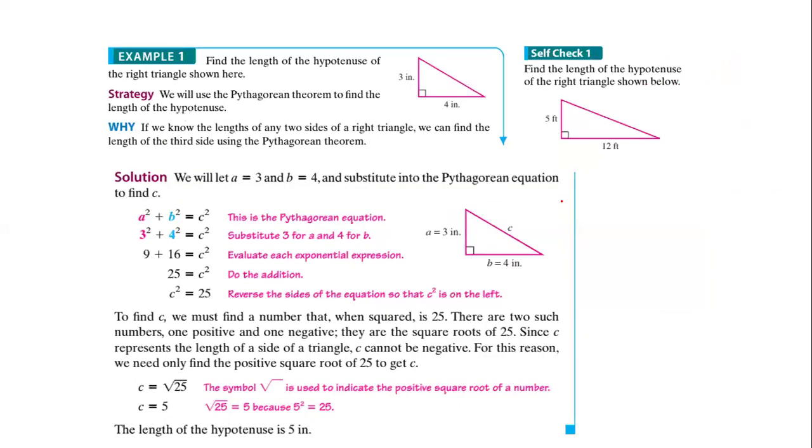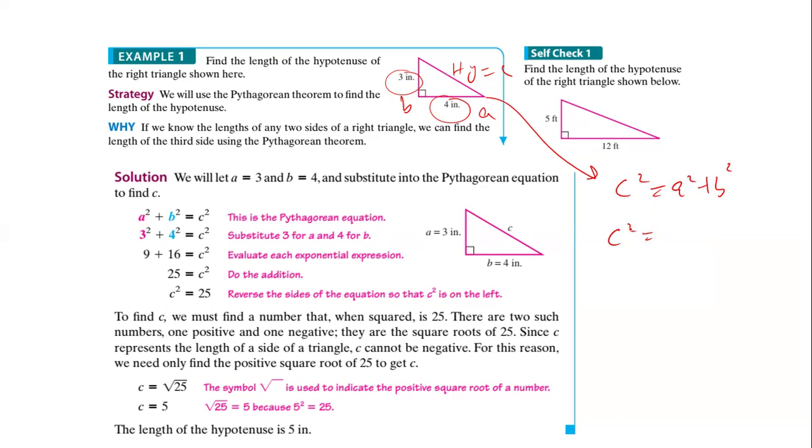So its application here. Here we have base 4, perpendicular 3, and hypotenuse is a question mark. Solving this, let's name the base A, the perpendicular B, and the hypotenuse C. You know the formula, C square is equal to A square plus B square.